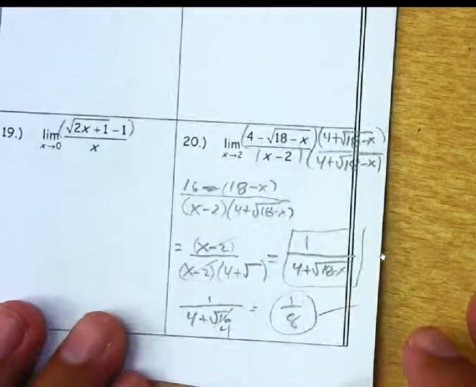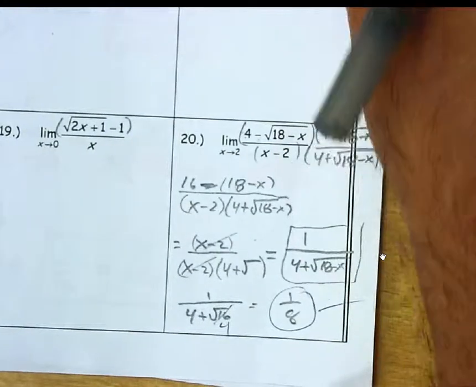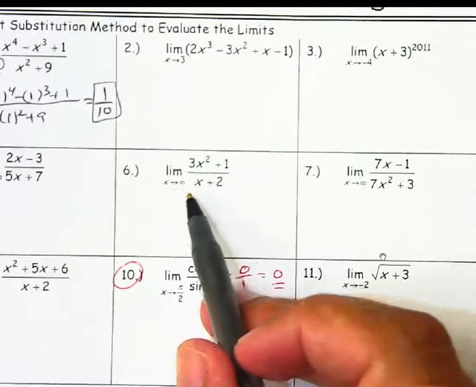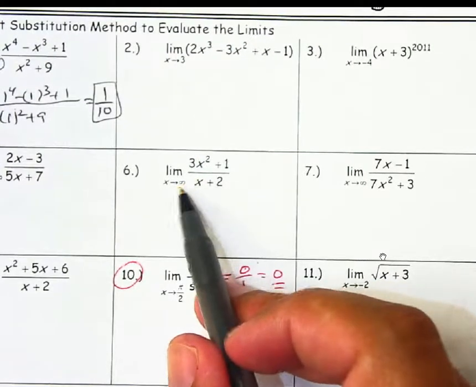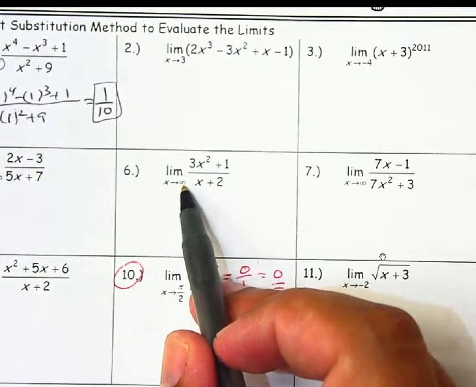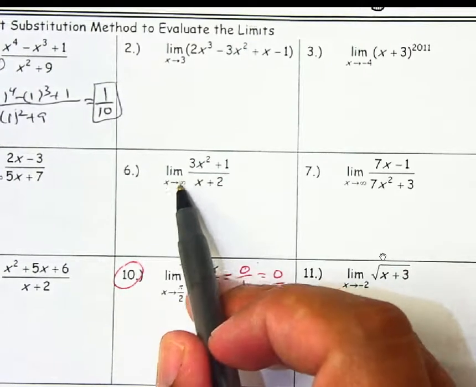Now, the other kind of problem that I talked about in class were limits that, instead of a little number on the bottom, had an infinity under the limit.